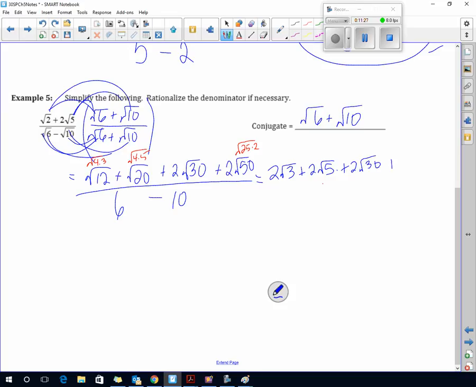No, you can simplify this more. What goes into both the top and the bottom? 2. So you get root 3 plus root 5 plus root 30 plus 5 root 2 all over minus 2. Did everybody get that?